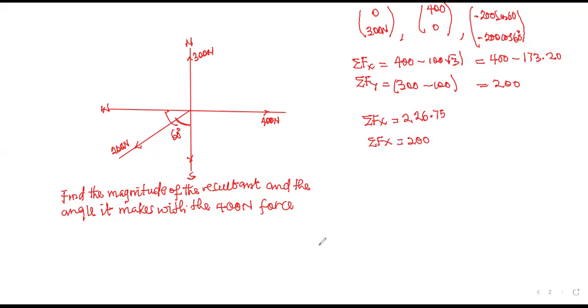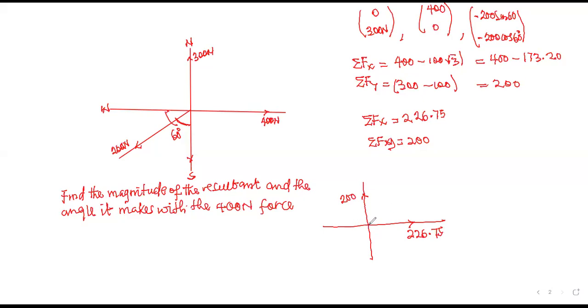So when you redraw this within the Cartesian plane, summation F of x is positive. Summation F of y is also positive. So we have 226.75 and then 200.